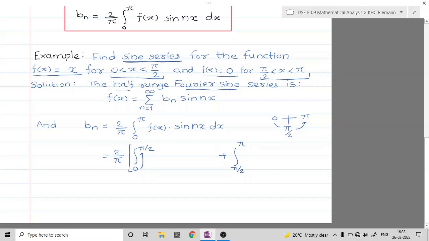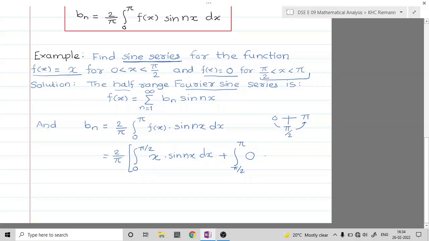When x lies between 0 to pi by 2, function is given to be x. So accordingly value of f of x is x into sine nx as it is, no change, dx. And in this interval pi by 2 to pi, f of x is given to be 0 for this range.